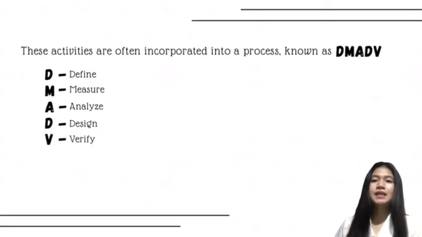So design for Six Sigma implementation is carried out using a variety of methodologies, and DMADV is one of the most common techniques. It means define, measure, analyze, design, and verify. So, define focuses on identifying and understanding the market need and opportunity.